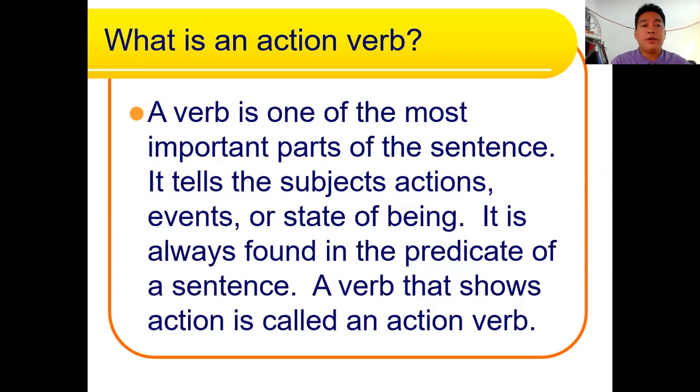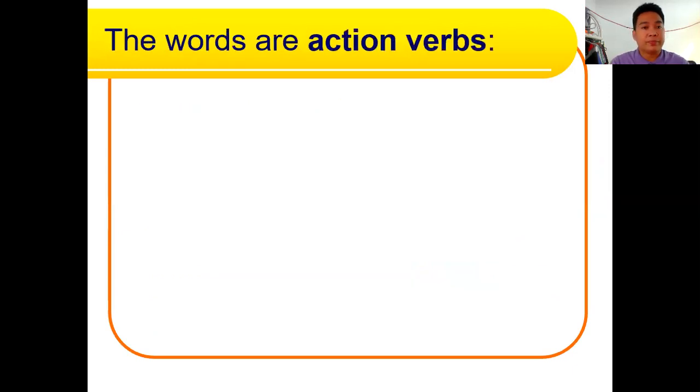Okay, so what is an action verb? We all know that a verb is one of the most important parts of the sentence. It tells the subject's actions, the event, or the state of being. It is always found in the predicate of a sentence. A short verb that shows action is called an action verb.